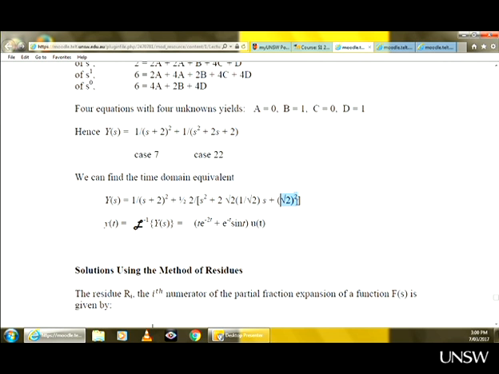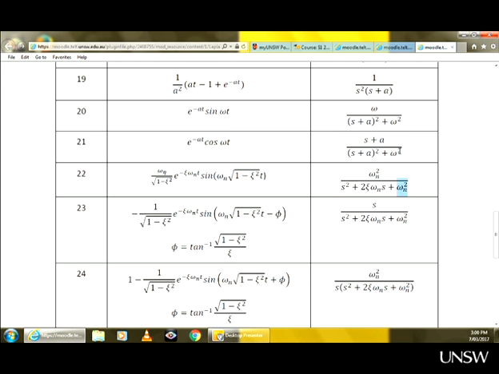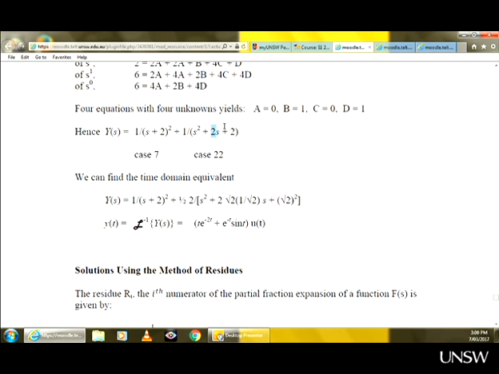Again, I haven't changed anything. But I also want this 2 to be equal to 2 psi omega n. So for the whole term to be the same as 2, psi must be 1 over square root 2. So psi equals 1 over square root 2.